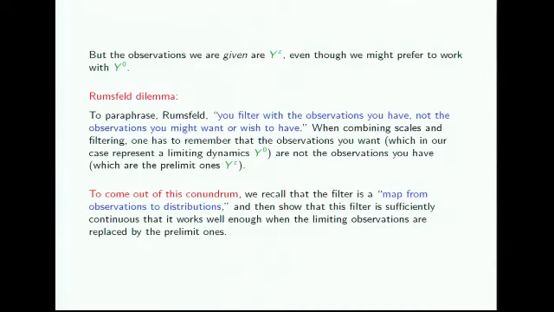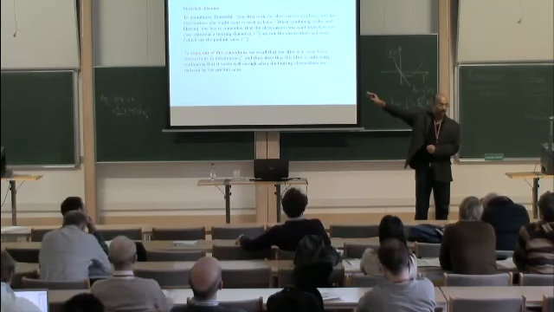The observation that we have used in this filter is y0. And the question is, how do I come out of it? To come out of it, you have to understand a filter is a mapping from the space of observations to the space of conditional law.